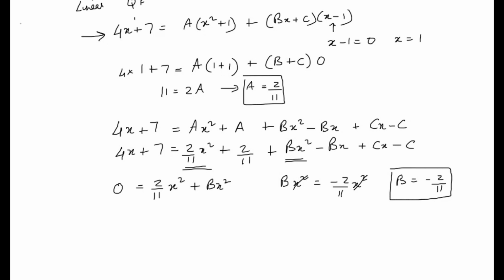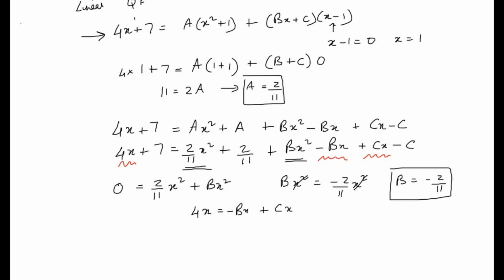And then finally, we want to find c, so we'll equate some more like terms. So let's say we equate the x terms. So there's a 4x here, there's a negative bx here, and there is a cx here. So 4x is equal to negative bx plus cx.